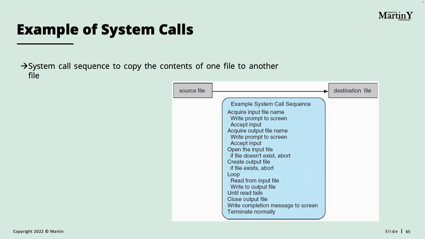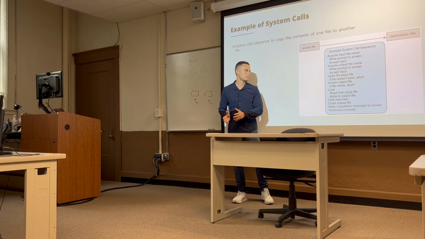Then we do exactly the same with the output file. Once the files are created, we open the input file, which is another system call. And if the file doesn't exist for some reason, we need another system call to abort the process. So we're going to get an exception, and this exception will be handled with another system call, right?